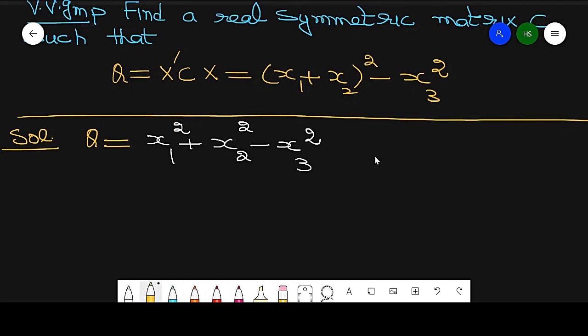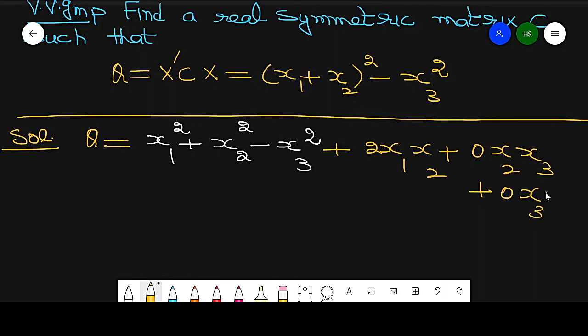Now next, plus 2x1 x2 plus 0 x2 x3 plus 0 x3 x1, this value.